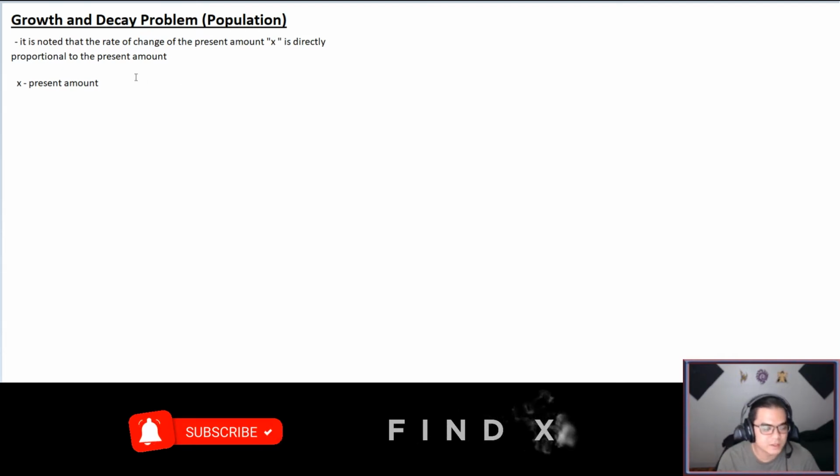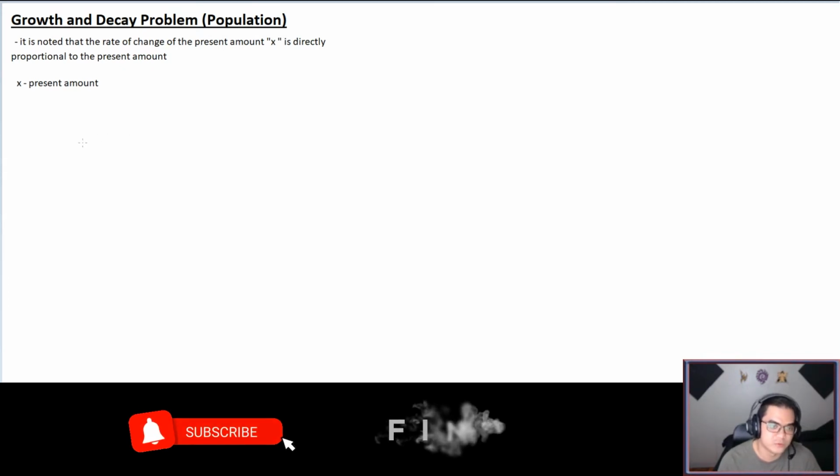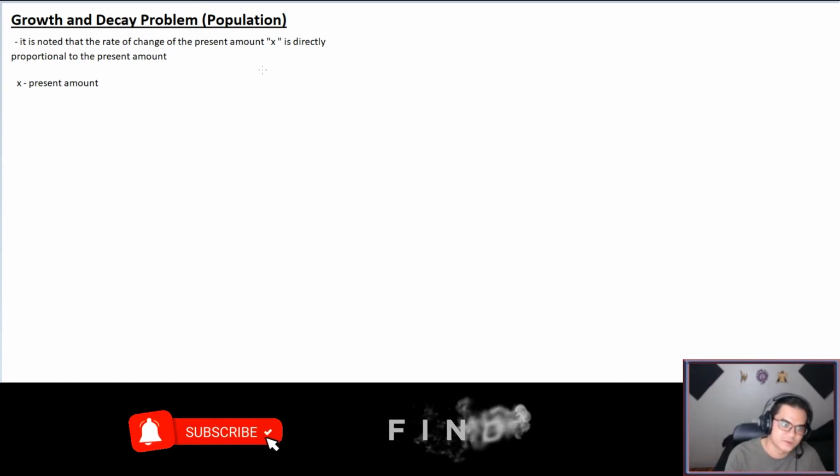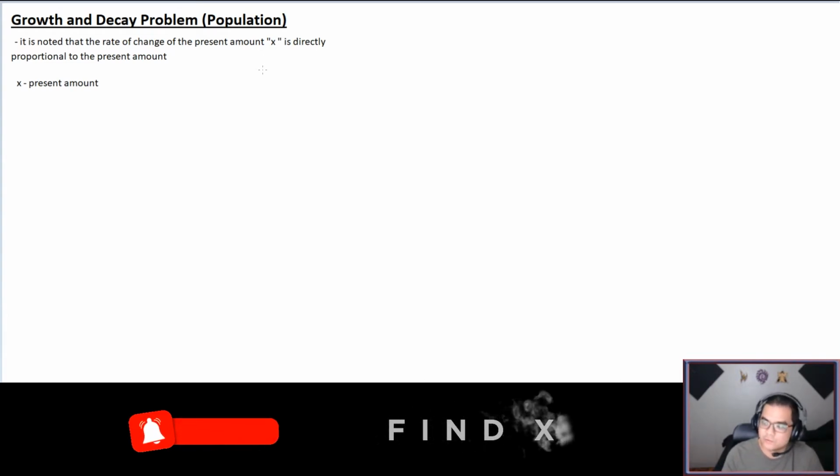Using the lesson in algebra, we can say that the rate of change of the present amount, with respect to what? Of course, that will be with respect to time, because the present amount changes over time.